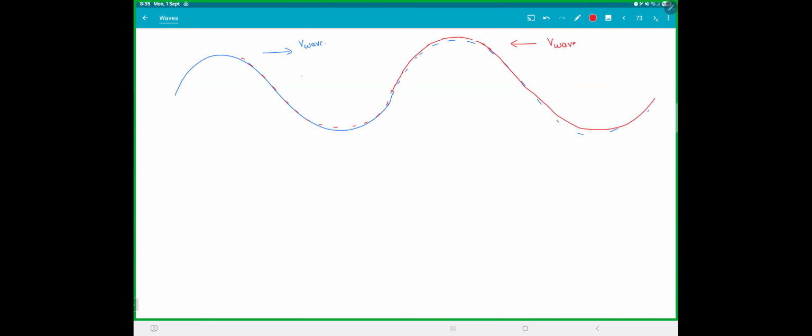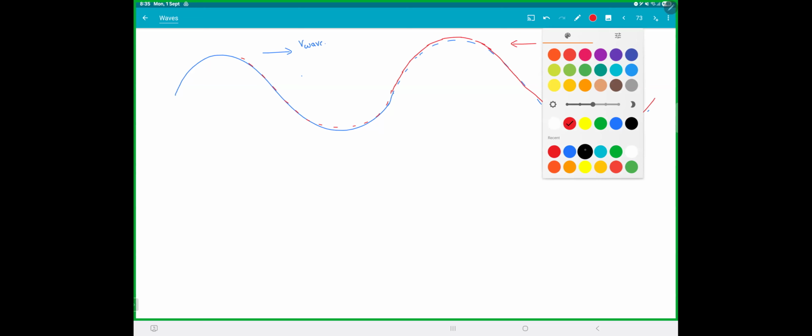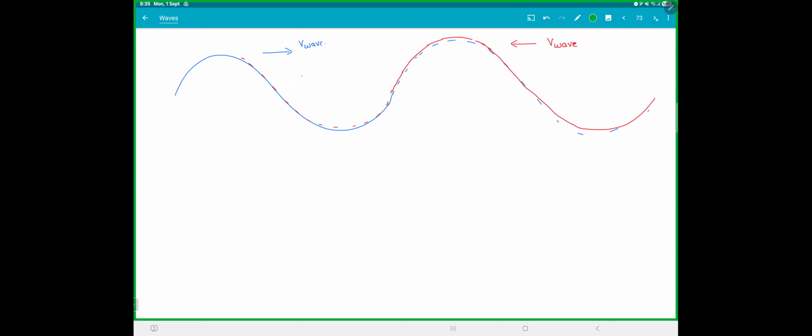Now here, I want you to observe this point here. Let's call this point A. What happens to this point when these two waves are moving towards each other? As the red wave moves forward, this is how the wave looks. And as the blue one goes, the blue wave looks like this.